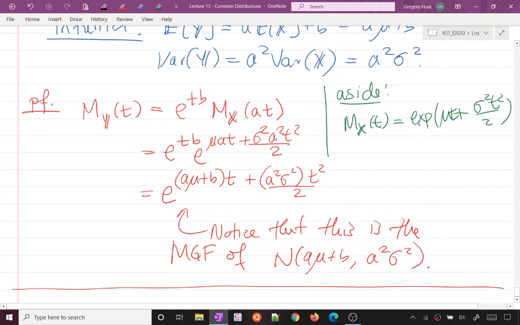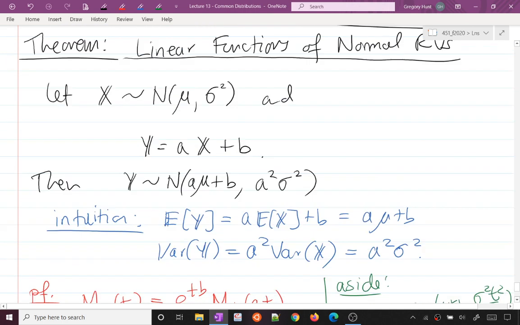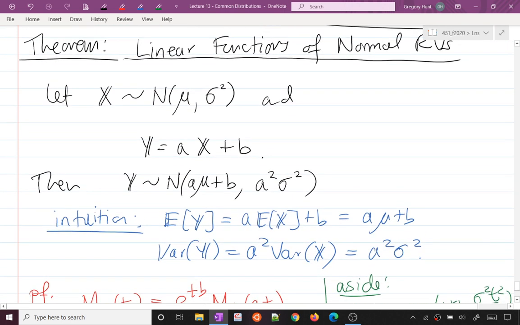And one way to show it is that the resulting MGF under the transformation takes the form of a normal MGF with certain parameters, and therefore the random variable is normal. So that's an incredibly powerful theorem, because it says that not only do the mean and variance transform nicely and simply, but the random variable stays in the family, that is, under linear transformation, normal stays normal.